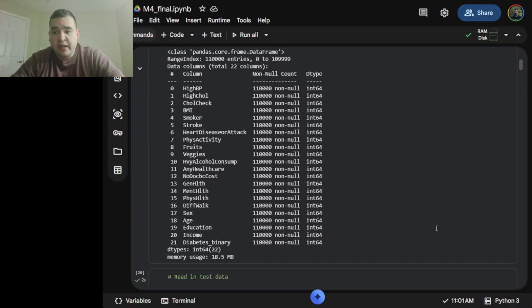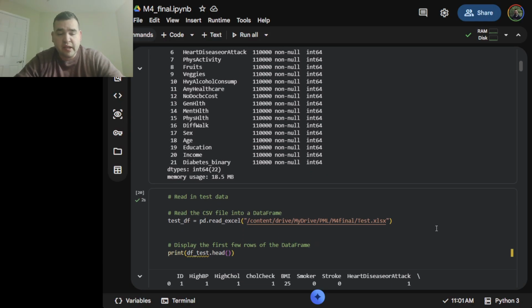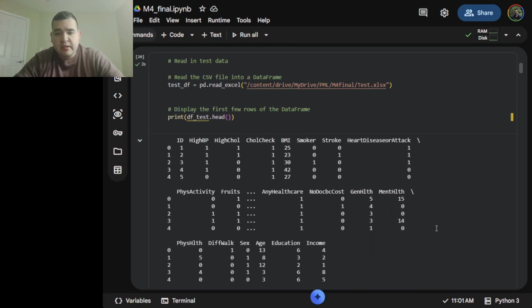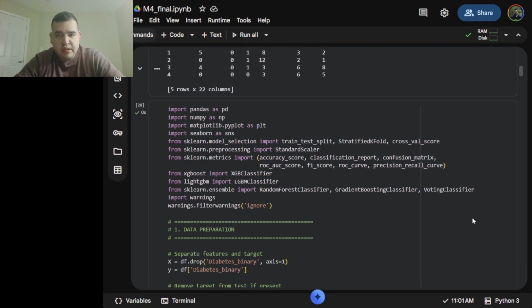I prioritized models capable of capturing nonlinear relationships rather than relying solely on linear assumptions. So I ended up comparing three primary models: logistic regression, a tree-based model, and a neural network.